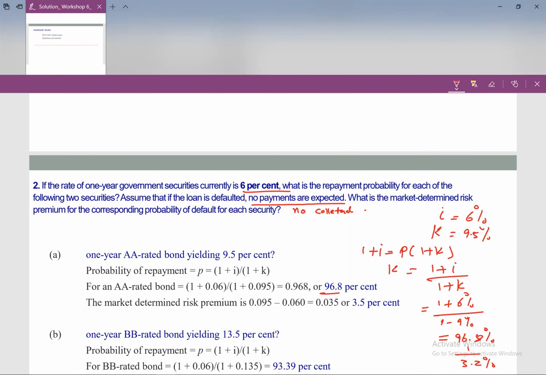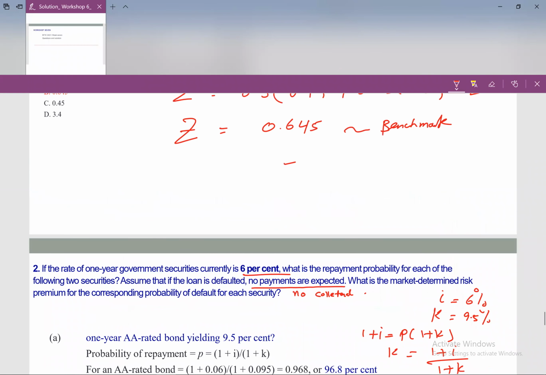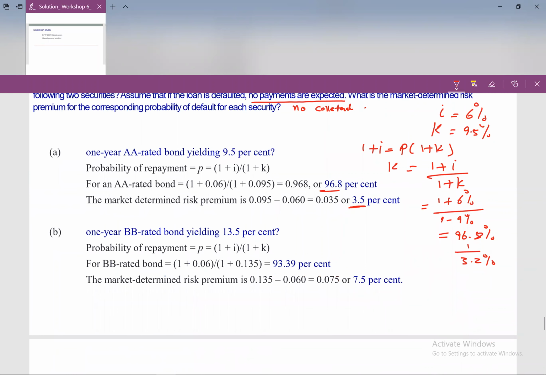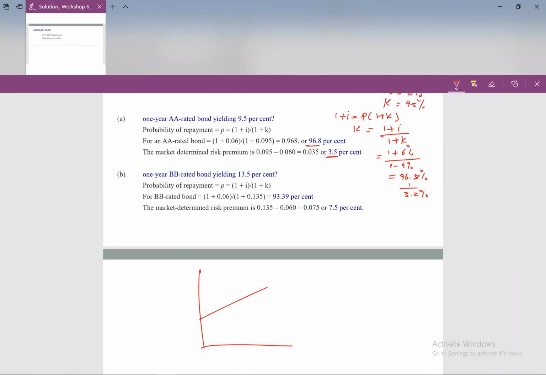Now for this 3.2%, how much are we taking? We are taking actually the difference between 6 and 9.5. So for this defaulting, we are taking a premium of 3.5. Just to show you how things work: this is the risk-free 6%. This is the K, which is 9.5 for this company. From here, this is the probability of payments.